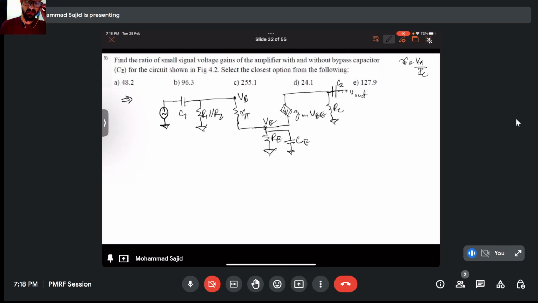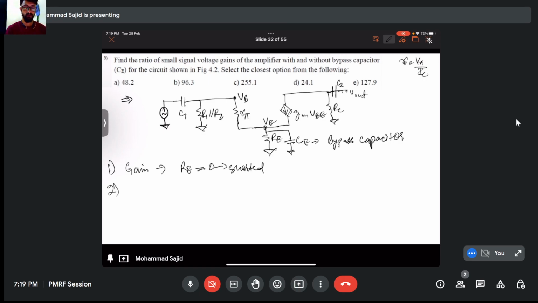So now what does the question say? Find the ratio of small signal voltage gains of amplifier with and without bypass capacitor. Here, CE is the bypass capacitor. So we need to find the gain when RE is shorted, because the capacitor will act as a short.